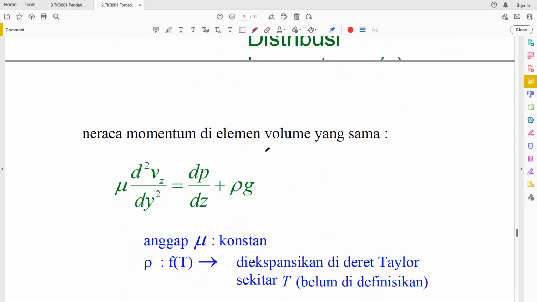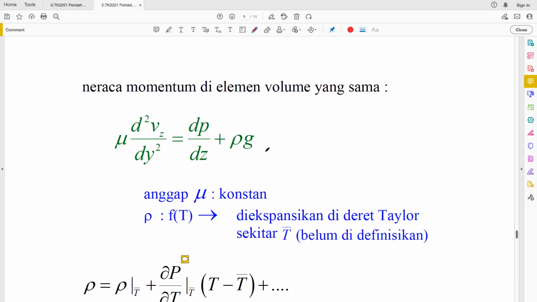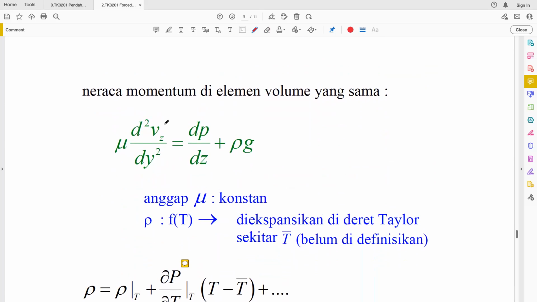Okay, and then here with the momentum, if we also have the momentum balance with a similar volume element, we will also find that between two parallel plates, that would be mu d square vz divided by dy square equal to dp over dz plus rho g.